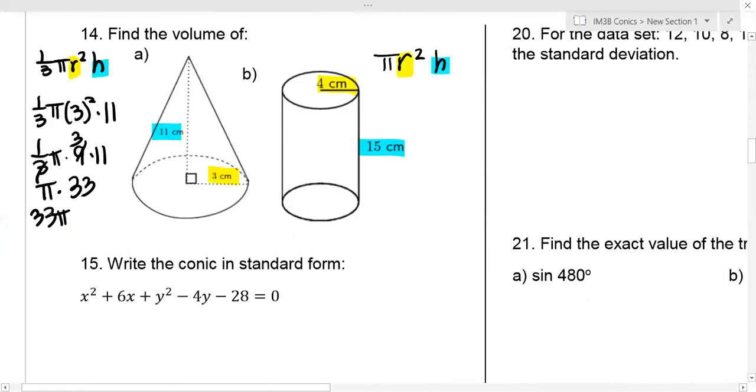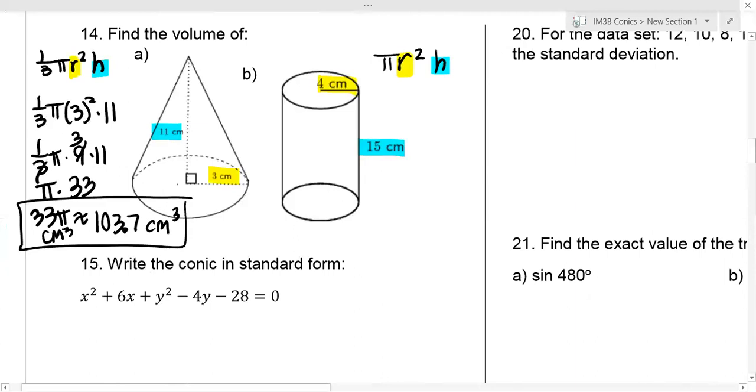And then that's a little bit faster to type into the calculator. So if I multiply 33 times pi, that gives me about 103.7. And since it's centimeters and volume, they're going to be cubic centimeters. So either one of these, depending on what your answer choices look like, either 33 pi or 103.7 cubic centimeters. For the cylinder, we're plugging in 4 and 15 instead.